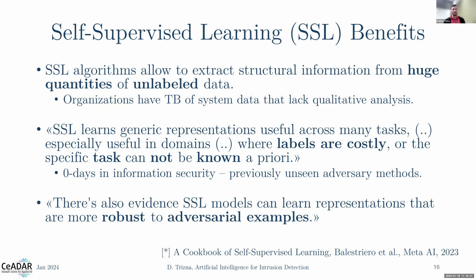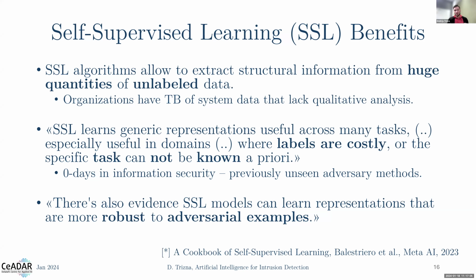And the last bullet: there is evidence that SSL produces more robust representations toward adversarial examples. For those who don't know, adversarial examples are a case where an assumed threat actor, an assumed adversary, somehow perturbs the input to the AI model, and it completely screws up the behavior of the model.